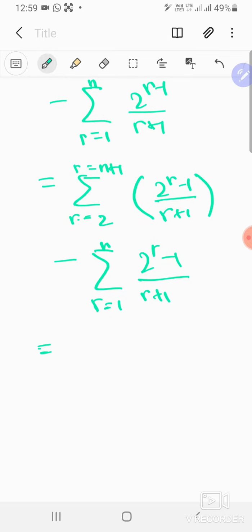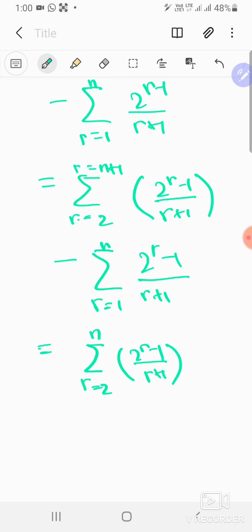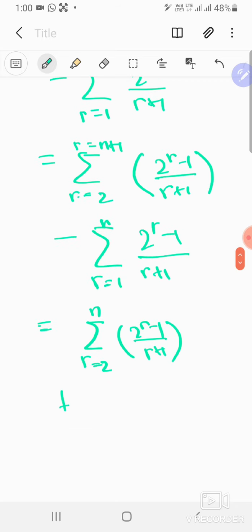So that's supposed to be equal to summation. Okay, so I will write it like this: summation from r equals to 2 to n of 2 to the r minus 1 upon r plus 1. But then for the n plus 1 term, I will write it separately. So 2 to the n plus 1 minus 1 upon n plus 2.